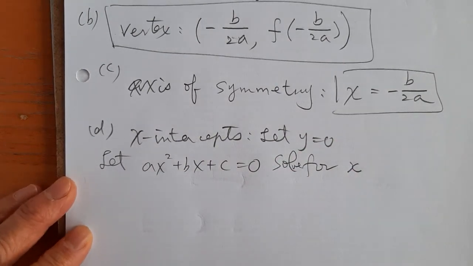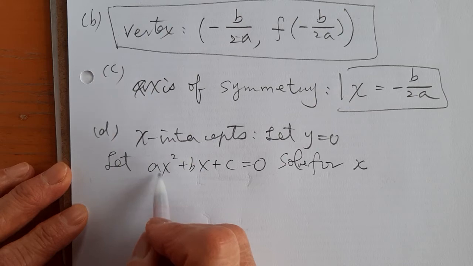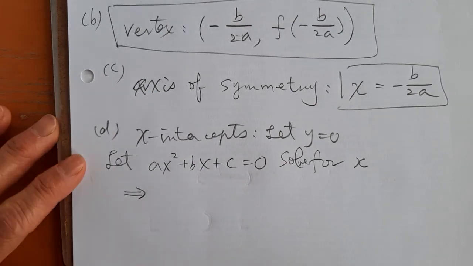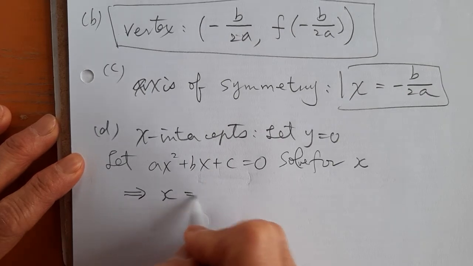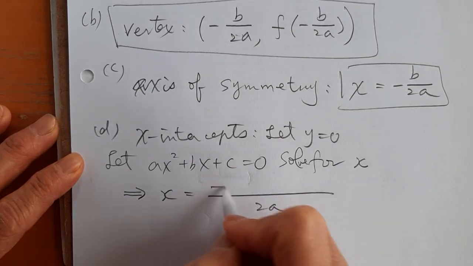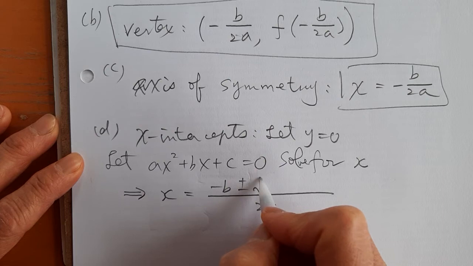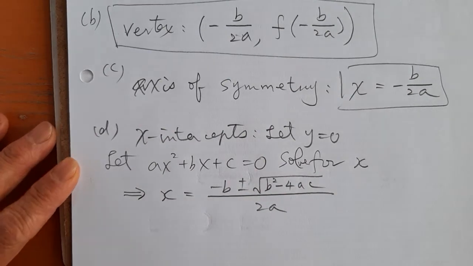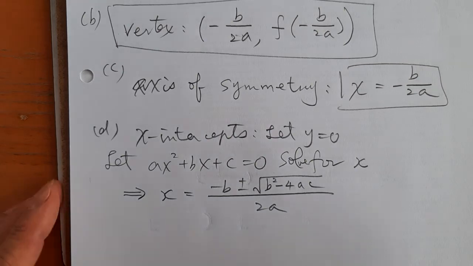That's the x-intercept. If this quadratic equation can be factored, you do it by factoring. If it cannot be factored, you can use the quadratic formula. Even if you don't know how to factor, you just plug into the formula. Now you will get the x-intercept.